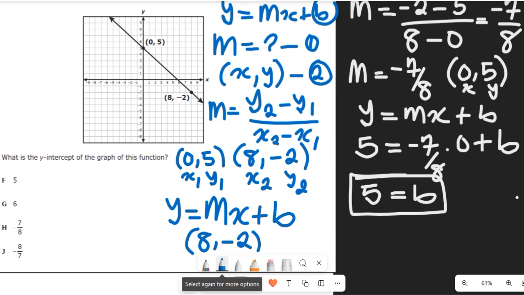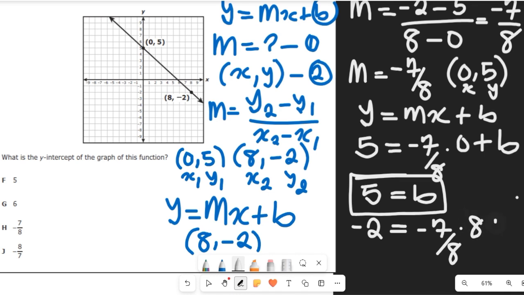From there, my y is going to be negative 2 equal to my m, which is negative 7 divided by 8. My x is going to be 8, and this will be plus b, right?